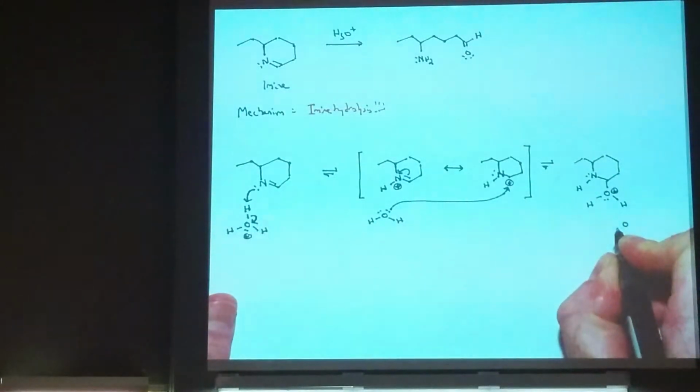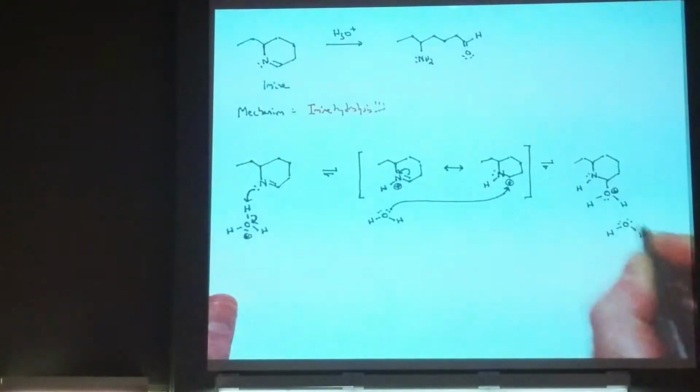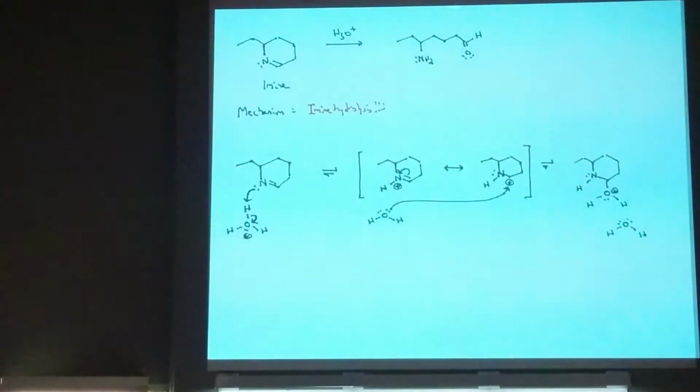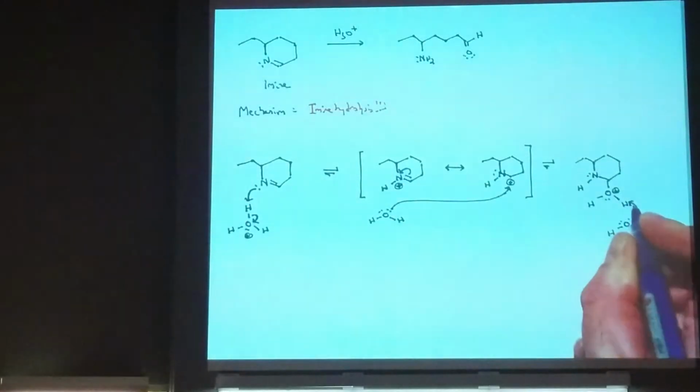And then we're going to deprotonate, I should say. Again, when we're in aqueous acid, H3O+ is the proton donor, water is the best proton acceptor.